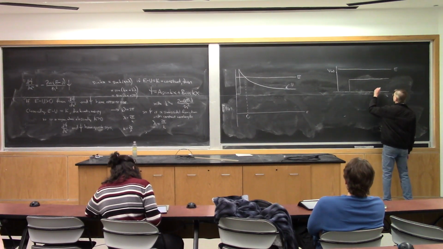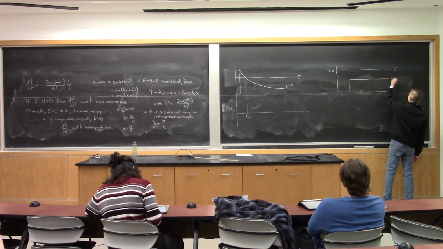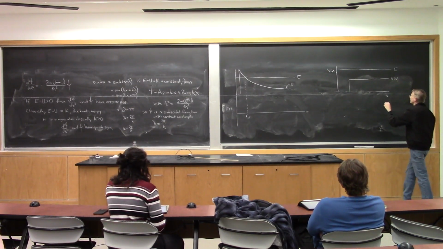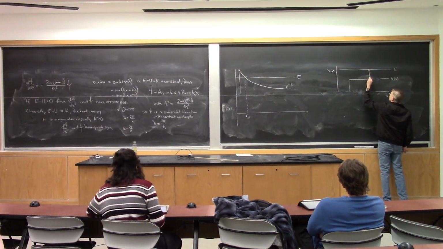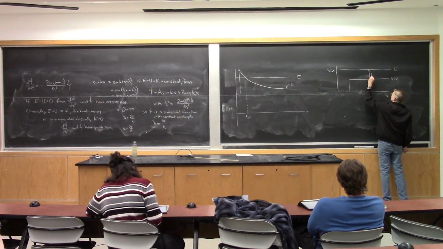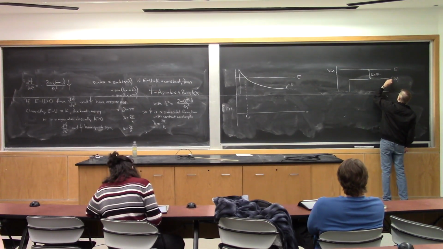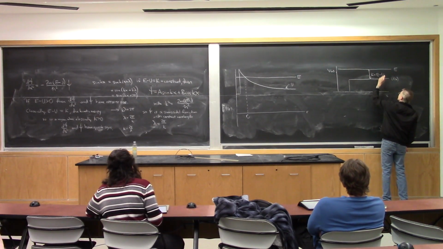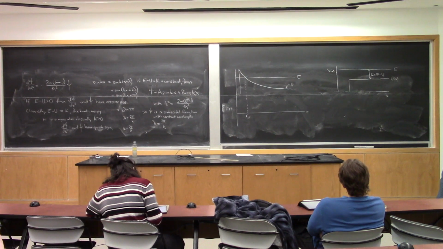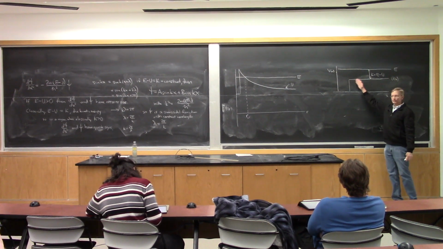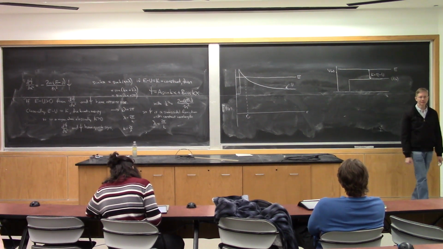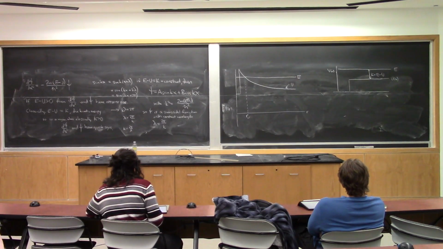Then if this is our curve of U as a function of x, then k, from E minus U, is absolutely constant in that region right there. And so the wave function will just look like a sinusoid with a constant wavelength there.